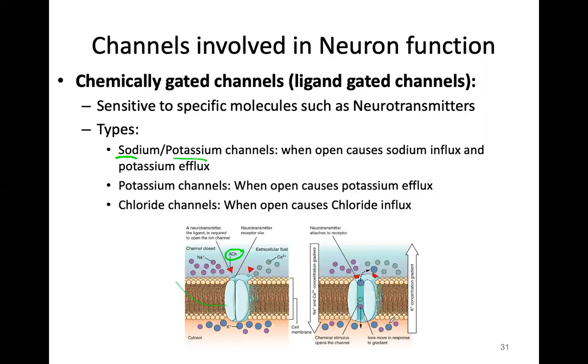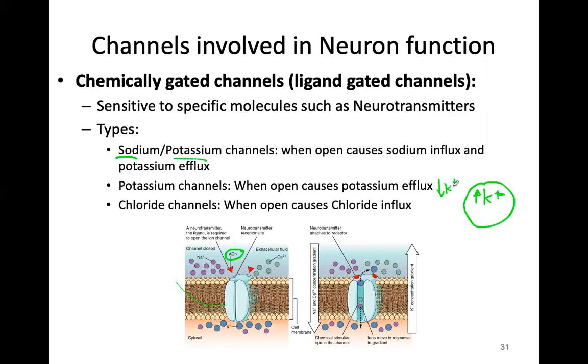Now, the other two that are not listed here, but you also need to know, are potassium channels. Again, these are ligand-gated channels. Now, use your logic again. Potassium is going to be high inside the cell, right? And low outside the cell.